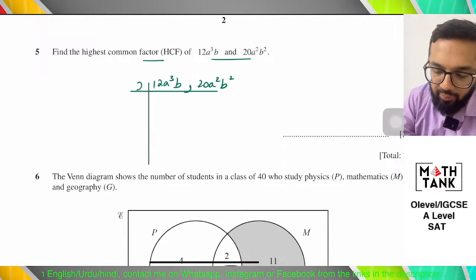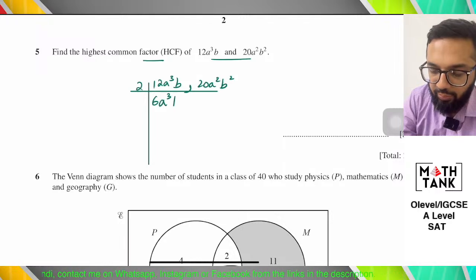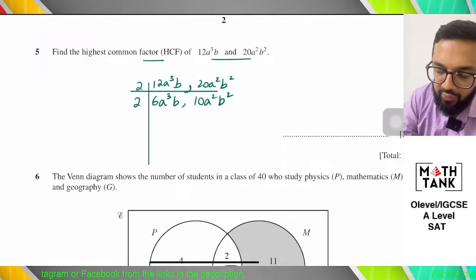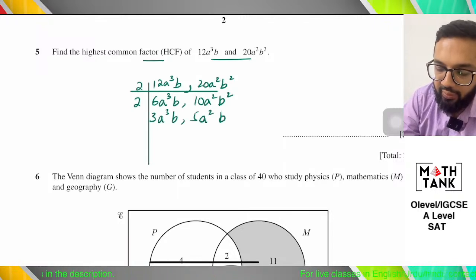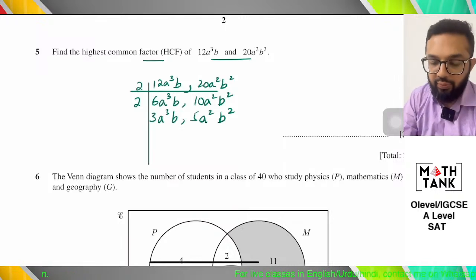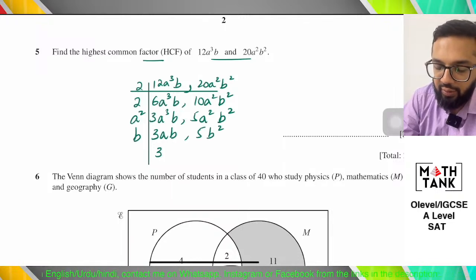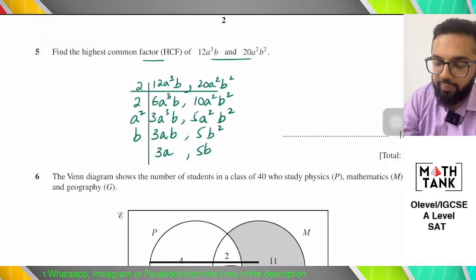I divide by 2, that gives me 6a cubed b and 10a squared b squared. Then another 2, 3a cubed b and 5a squared b squared. Now what's the highest power of a that's available to me? And the highest power available is a squared and then b.